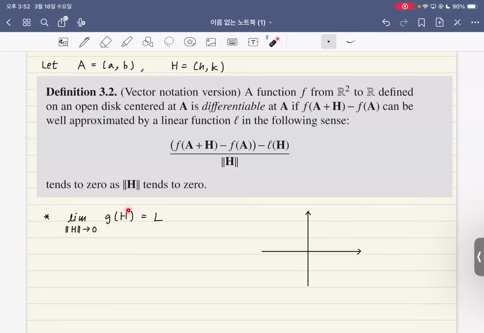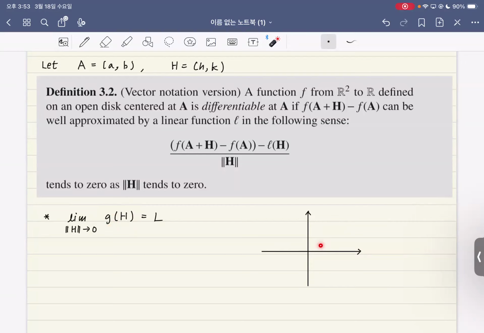It looks like, as h is tending to 0, the limit of this function goes to L. So that means my point h must be tending to the origin, right? But there are so many different ways of tending to the origin. What do I mean by that? In order to observe the limit of this function, I will need to see the behavior of my function g as h is tending to 0.